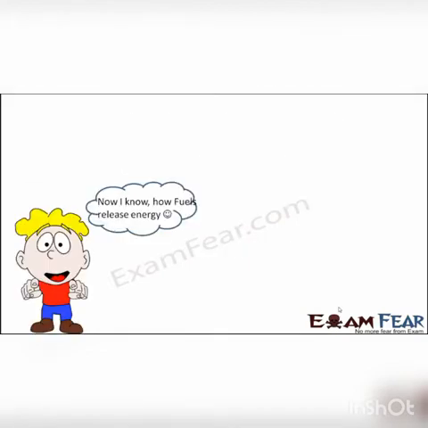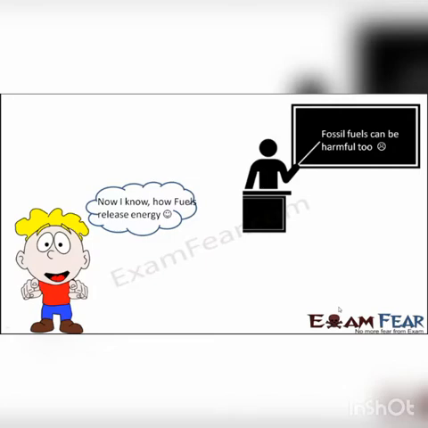Based on whatever we have studied so far, we know that fuels release energy. And how do they release energy? By the process of combustion. We also saw that using different fuels involves different advantages and disadvantages. We have also learned about the characteristics of a good fuel and which fuel should be preferred over others.